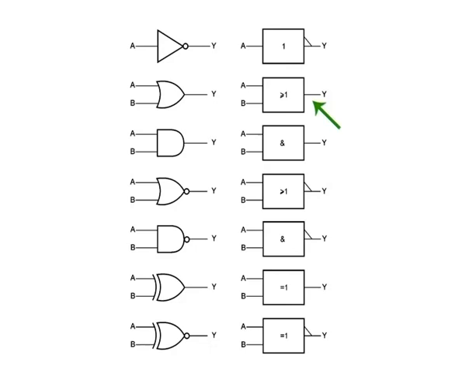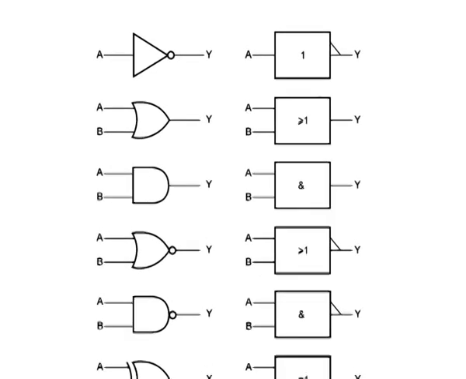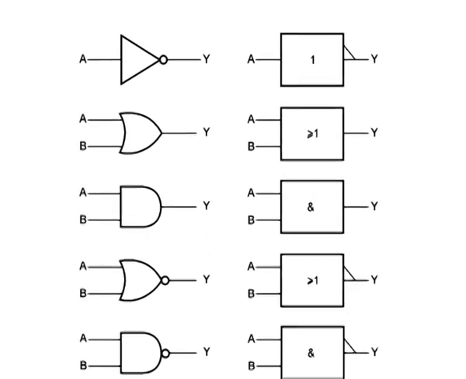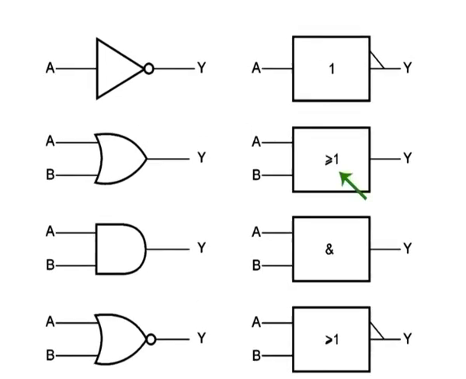As far as logic gates are concerned, a special notation inside the rectangular block describes the logic relationship between output and inputs. A greater than or equal to 1 symbol indicates that the output is high when one or more than one inputs is high.